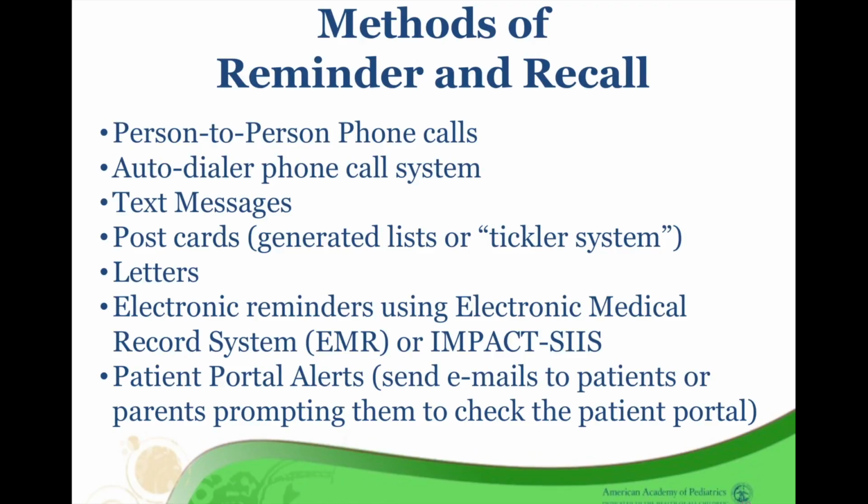That way you know the address is correct, and it may be mailed a few weeks before the next dose is due. Letters. There are electronic reminders that can be done using the various electronic medical record systems or also through ImpactSIIS. And there are patient portal alerts that send emails to patients or parents, prompting them to check the patient portal for a needed vaccine.